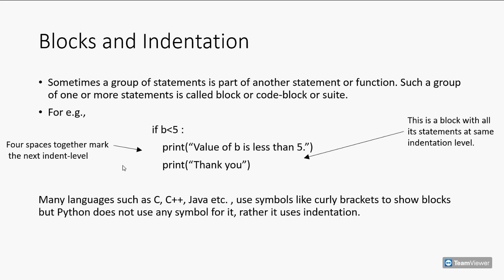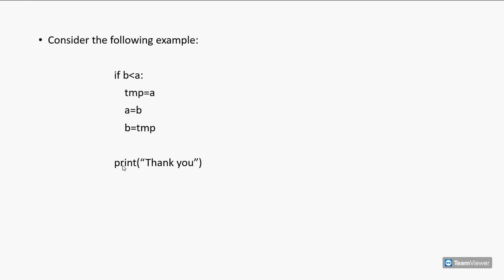Many languages such as C, C++, Java, etc. use symbols like curly brackets to show blocks, but Python does not use any symbol for it. Rather, it uses indentation. We have another example here. If b < a: tmp = a, a = b, b = tmp, print thank you.